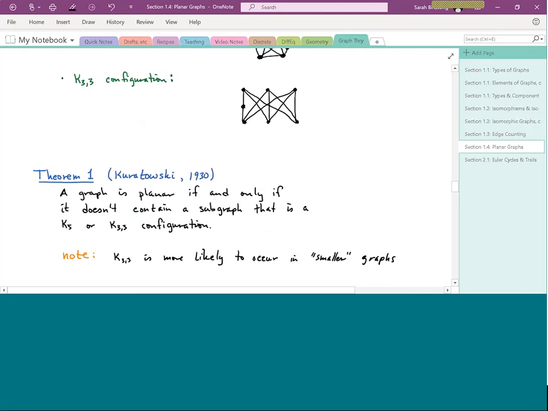It turns out with the complexity of their edge structure to vertex structure, you typically get a copy of K33 occurring more frequently in smaller or less complicated graphs. So in a lot of the graphs that you will see, K33 will pop up a little bit more frequently. But K5 configurations totally come up too.